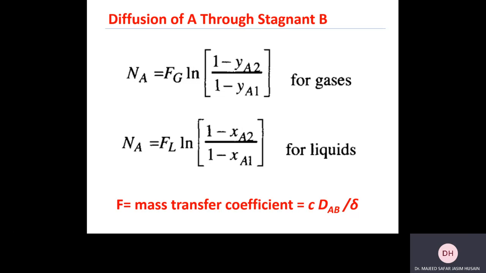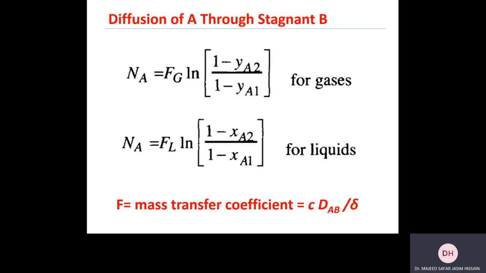Our driving force is in terms of the mole fraction. So for gases it's y, and for liquids it's x. And we know that this driving force was in terms of a log term. So flux is equal to the mass transfer coefficient, which is basically capital F_G because it's for gases, multiplied by the driving force, the log term, ln of (1 minus y_A2) over (1 minus y_A1).